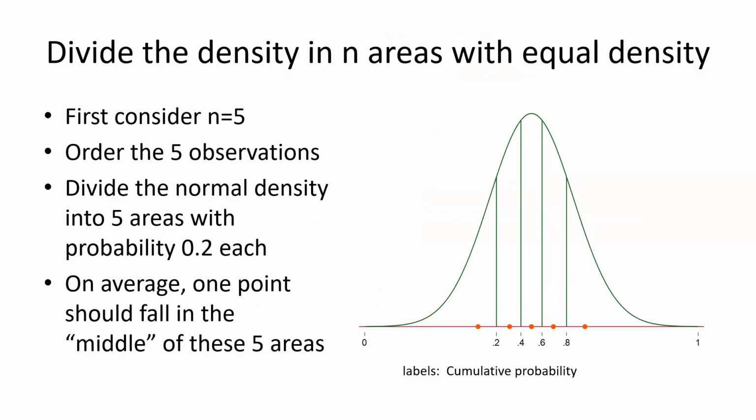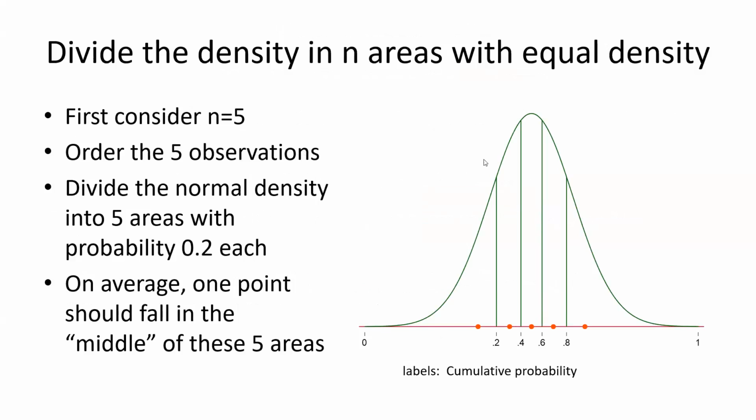Okay, so here we have a PDF. We know cumulatively the probability must be 1, right? The probability sums to 1. And just as an example, I'm considering just 5 observations.